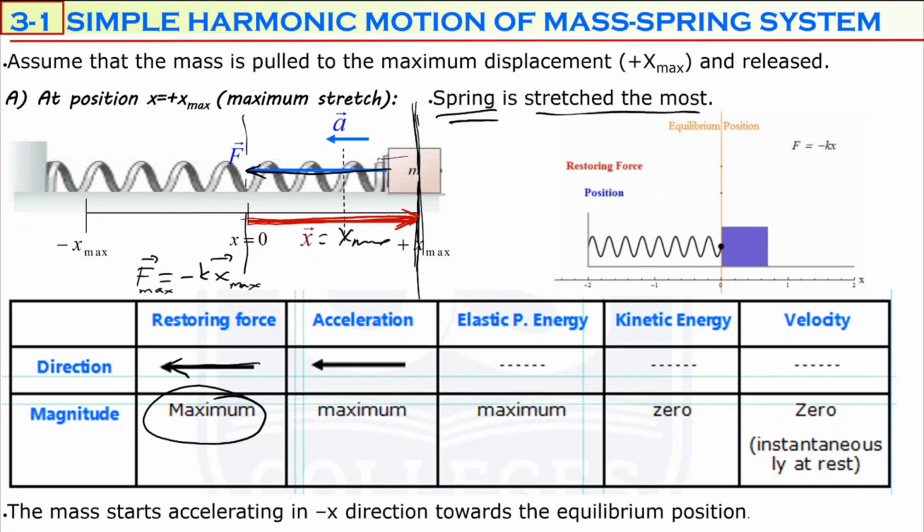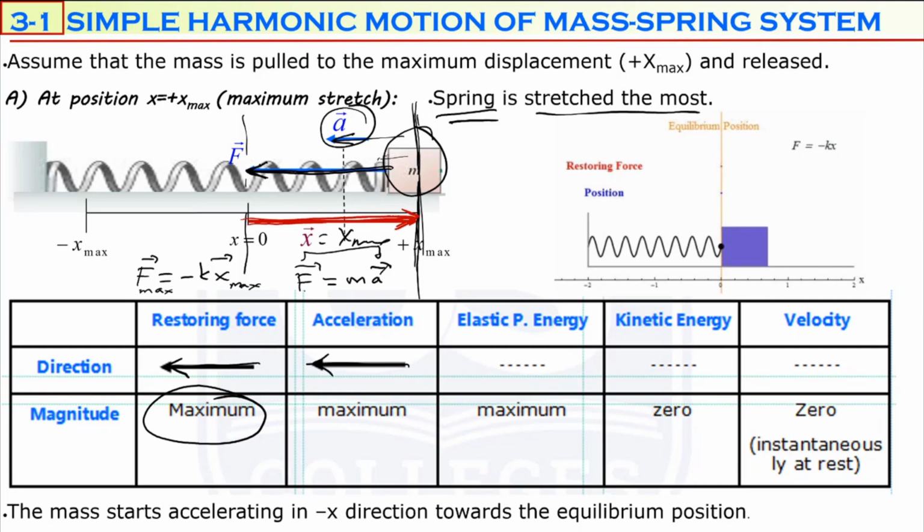Second one is the acceleration of the mass. We know that according to the second law of motion, force and acceleration are directly proportional, and even their directions are the same. These two vectors will have the same direction. I explained them in detail in section 2 chapter 1 and section 3 chapter 1. So if the restoring force is to the left, the acceleration of the mass must be in the same direction, to the left.